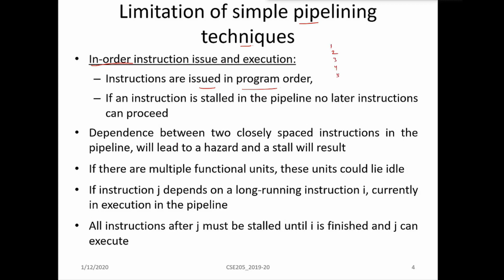First this and then this, so it will maintain an order. Suppose any one of the instructions is stalled, waiting in the pipeline, no later instruction can proceed. That's the problem with simple pipelining. If any one instruction is stalled, automatically the remaining instructions cannot proceed.